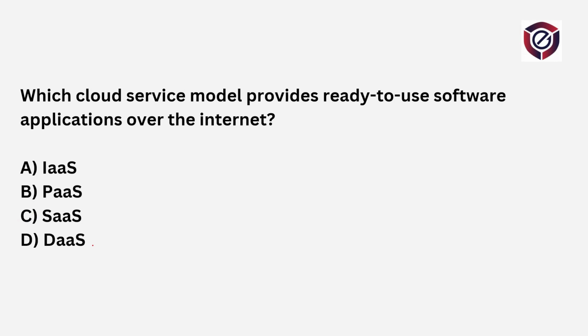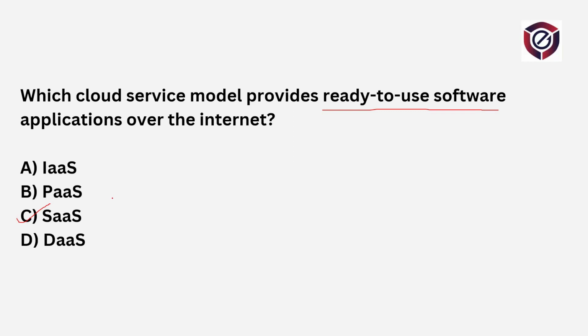Next question. Which cloud service model provides ready-to-use software applications over the internet? There are different cloud service models, and they are asking about ready-to-use software. Whenever ready-to-use software comes, remember it is done with the help of software as a service. Software as a service provides applications such as Google Docs, Google Sheets, or Google PowerPoint.